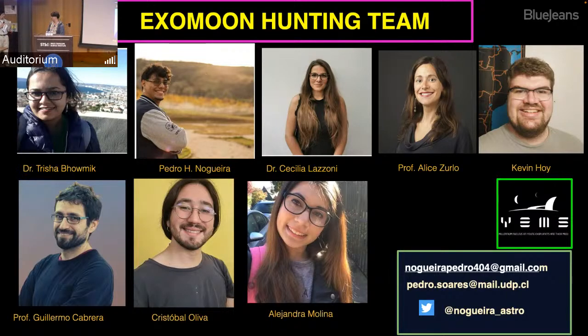And are these all brown dwarf companions, or how low in mass can you go in this sample? In the mass of the sample, I think it goes from the more massive exoplanets to brown dwarfs. I'm not sure now, but the companions are big because you need something big to find something.